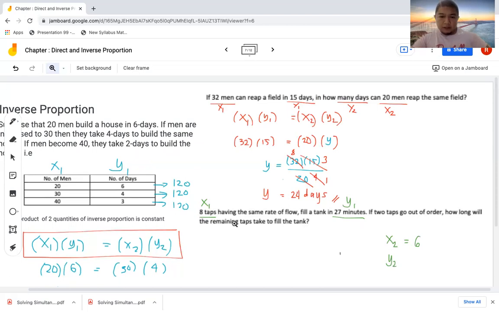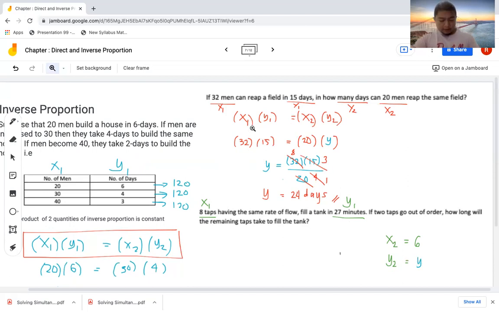Now, the question here says how long will the remaining taps take to fill in the tank? So that means this how long refers to the number of minutes. And since we don't have any value for that, we are going to represent it as the value for y.